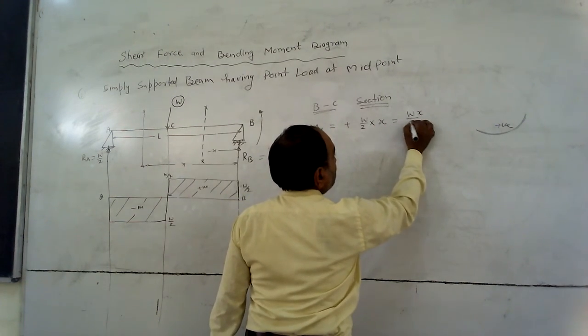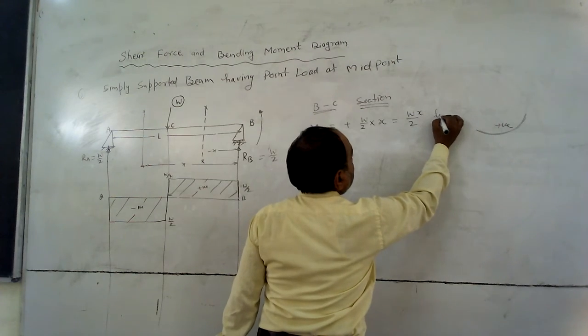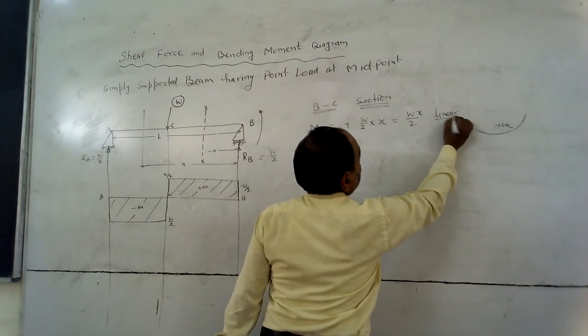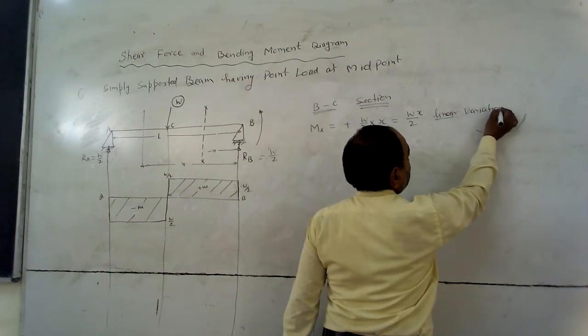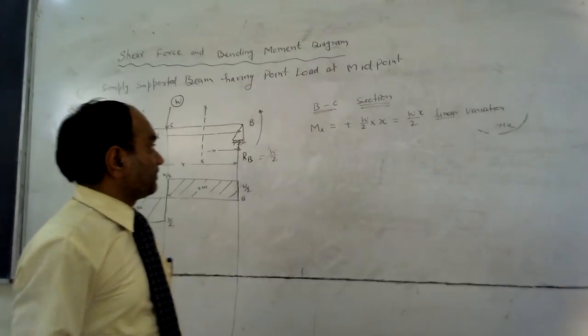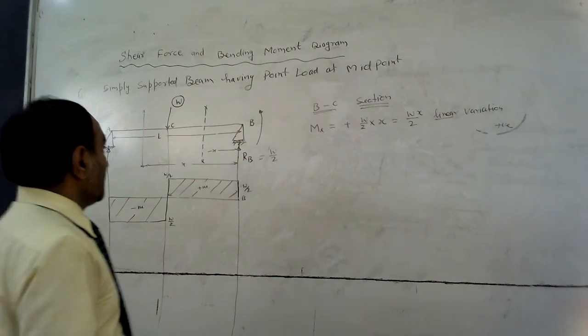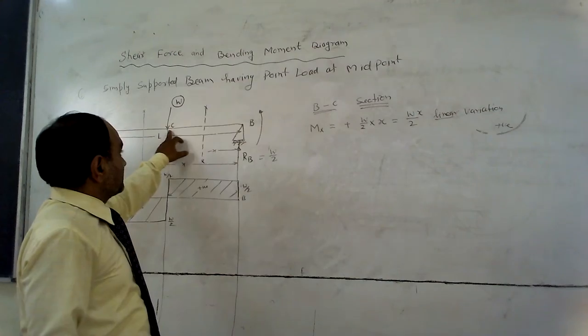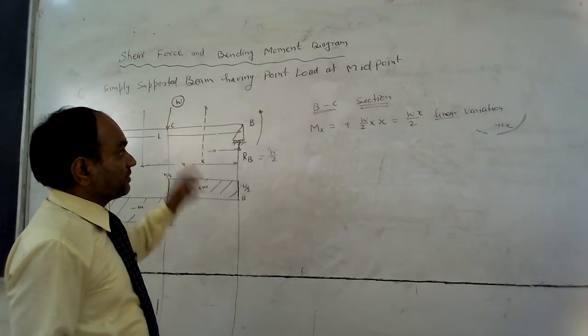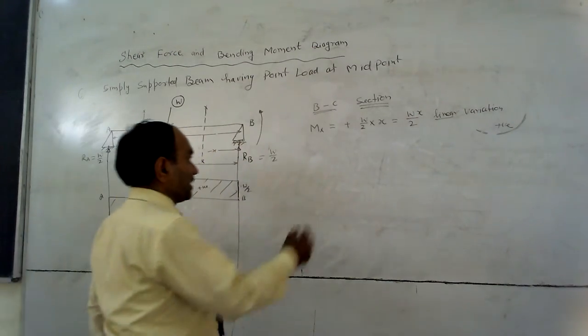that is Wx by 2. This is a linear variation. This means the bending moment varies between C and B linearly. It depends on x only.